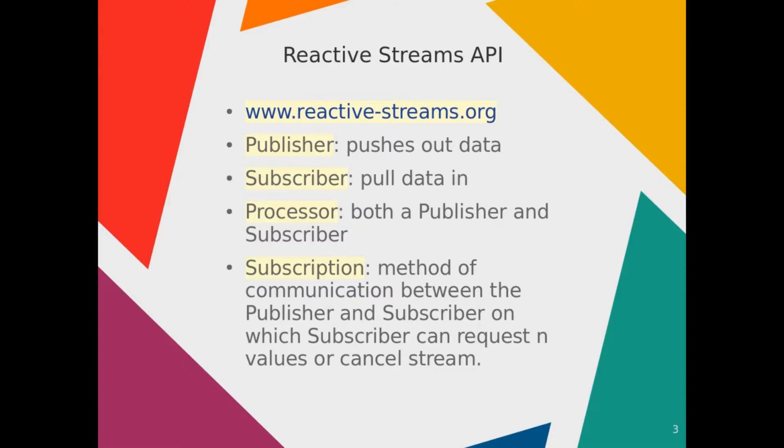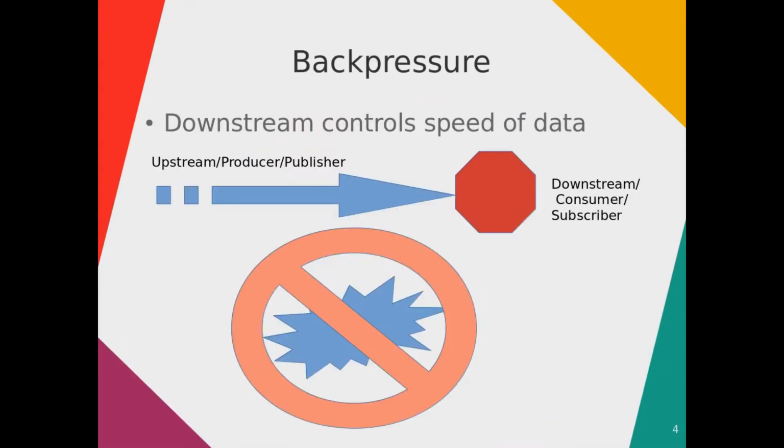The main difference in reactive streams between these other models is the ability to handle back pressure. Because the subscriber is requesting a certain number of values, you can handle things where the downstream, or the subscriber, cannot handle too much data.